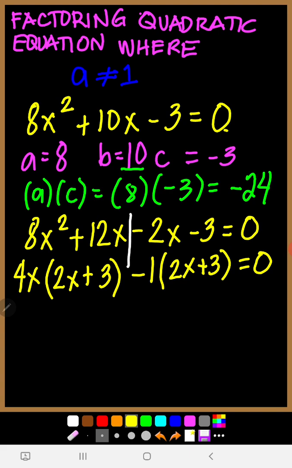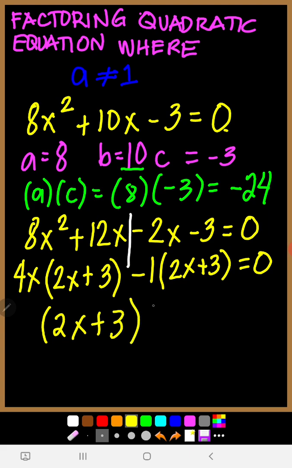Okay, so notice on this part of the solution, the terms inside the two parentheses are the same. So meaning to say, this is one of the factors: 2x plus 3.